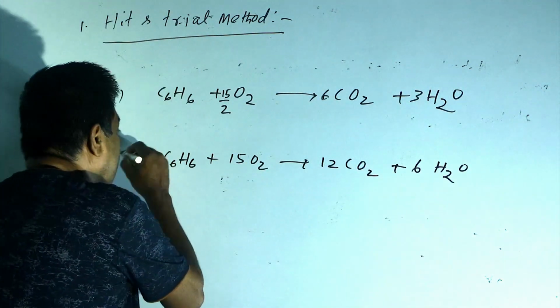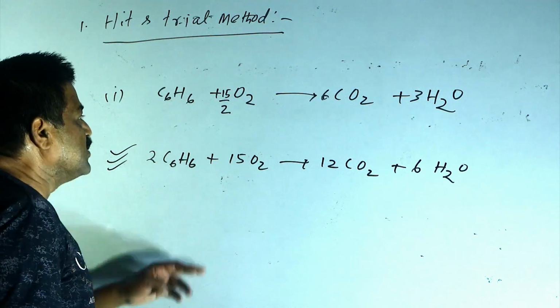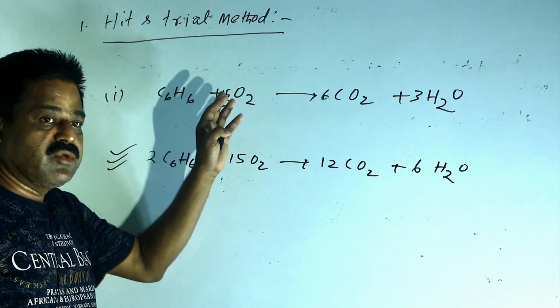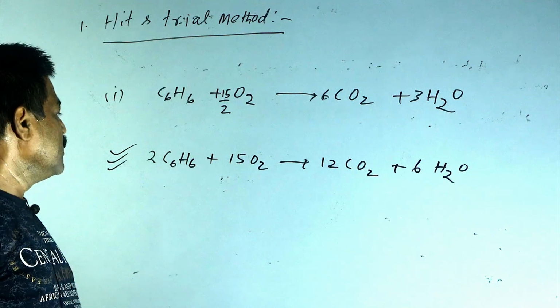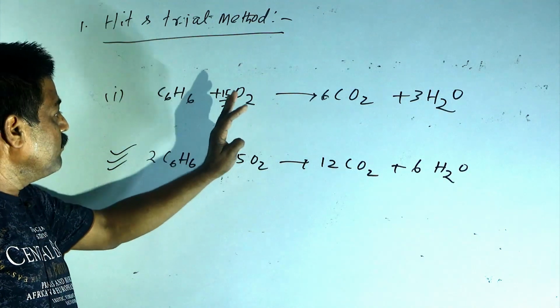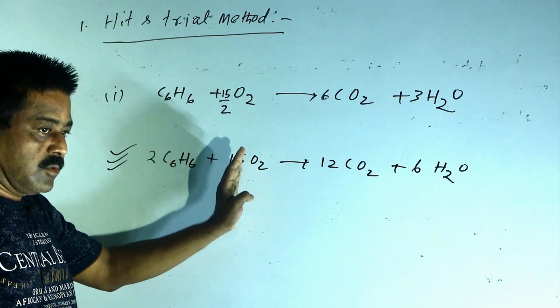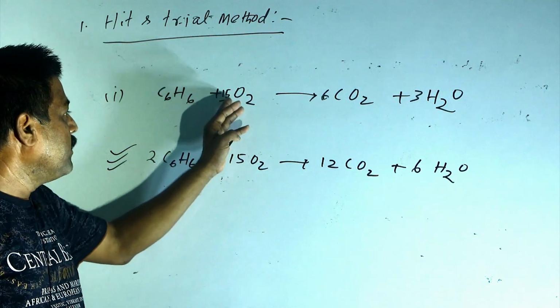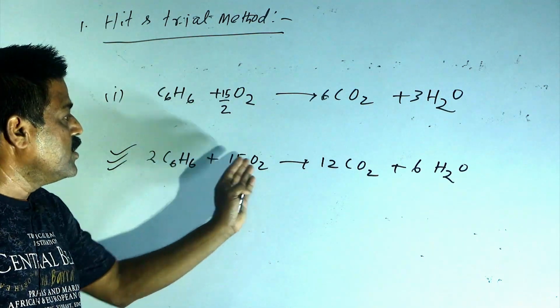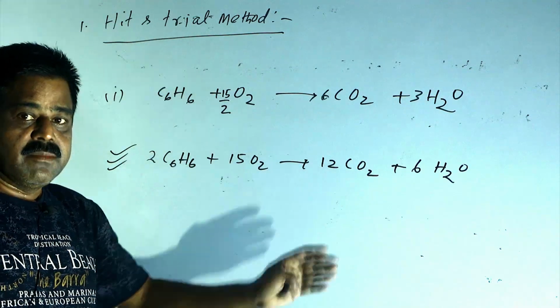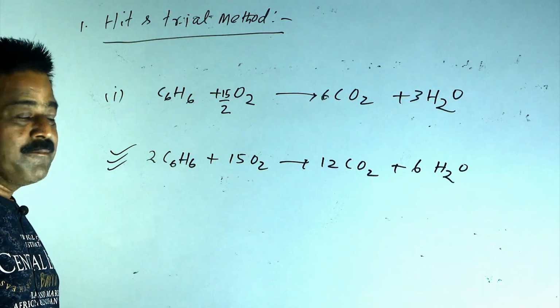This is the correct form of the balanced equation of benzene and oxygen giving carbon dioxide and water. This is one of the tricks. To have whole number coefficients, we give 15 by 2, and again multiply by 2 to give the correct whole numbers on the reactant and product side.